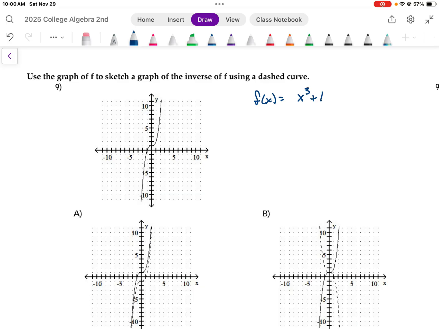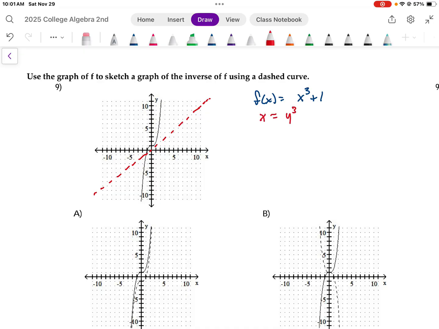You can either solve for the inverse function and then graph it, or when you're finding the inverse, what you can do is reflect it over the y equals x line. And so that would flip it over.